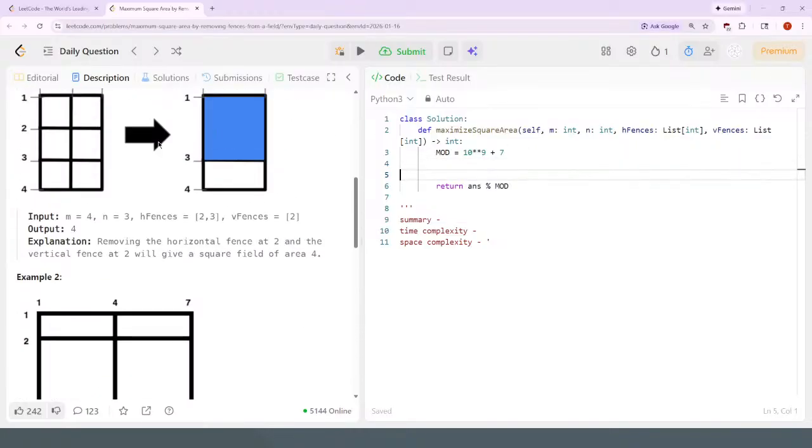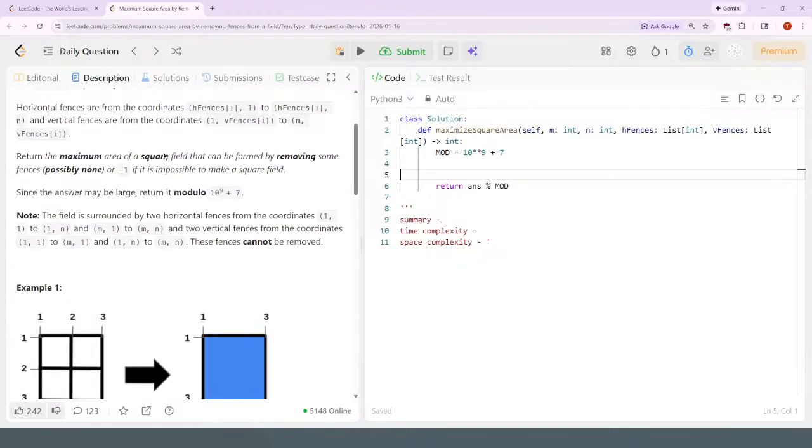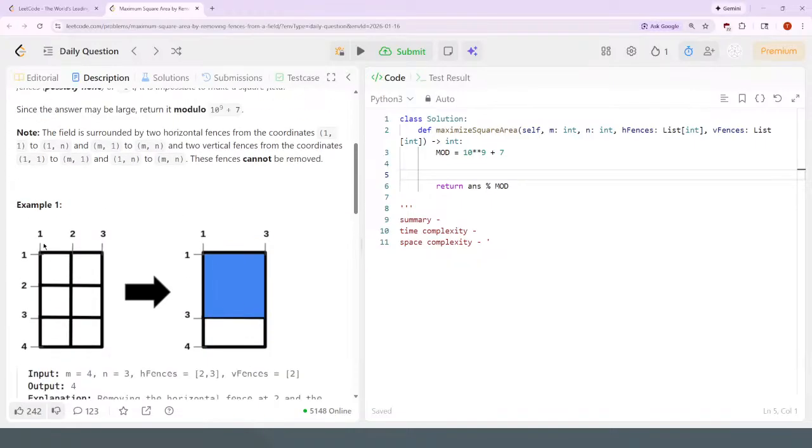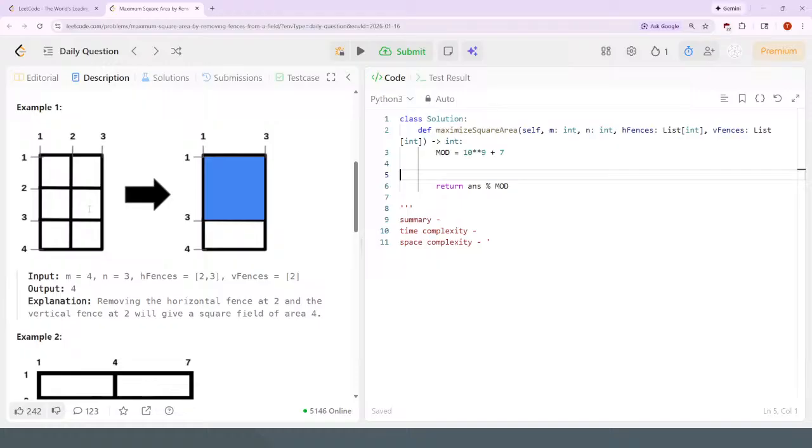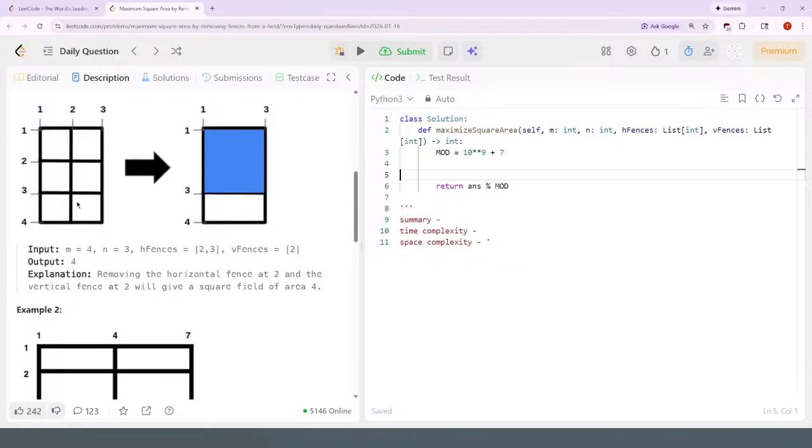Alright, so you have a bounded thing. You have the perimeter of the m by n. M here is basically the height, the number of rows, which corresponds to hFences to remove parts of it.